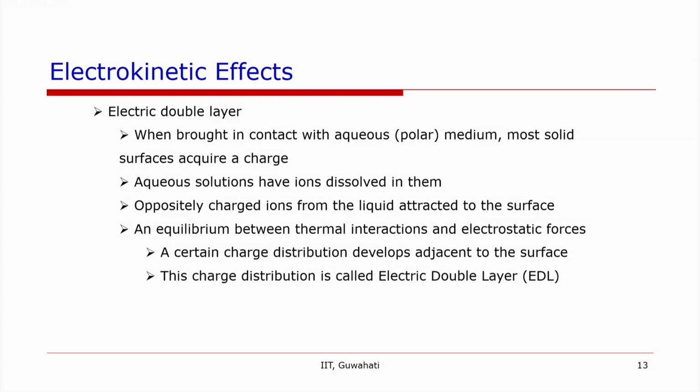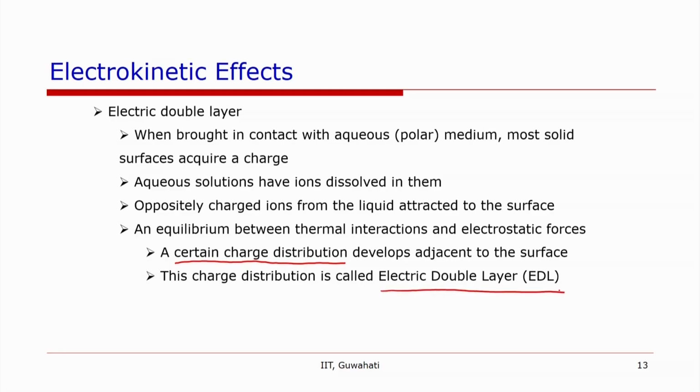As a result, the ions will have thermal motion, as well as the ions near the surface will have an electrostatic force because of the attraction or repulsion from the charge present at the surface.